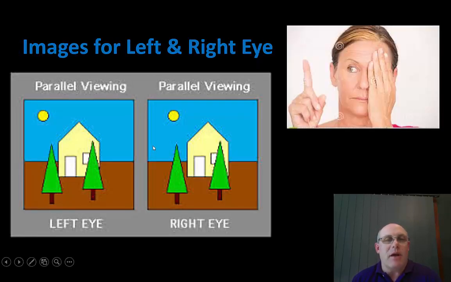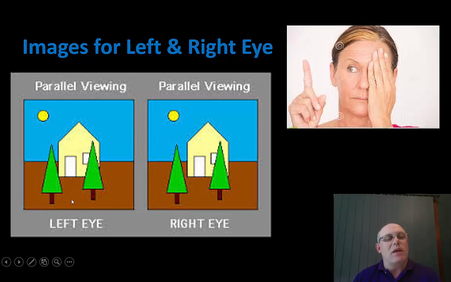Here's something I'd like you to do. Looking at the image, with your finger up there, I want you to close your left eye and have a look at the image, and then open your left eye and close your right eye and see how it's actually moved. If you do that, you'll get something a little bit like what's happened in this diagram.